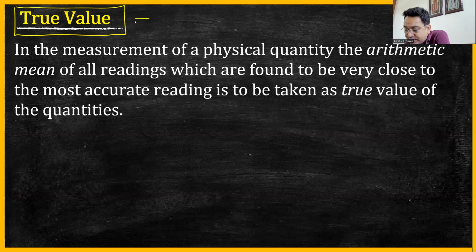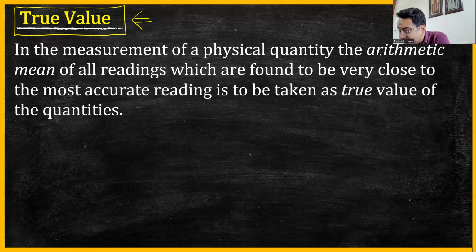this true value means when I'm measuring something and if I want to find out precisely, accurately how much is the measurement, I have to measure it more than one time. Do we understand this? Yes, sir. If I measure it many times, I may get different readings.